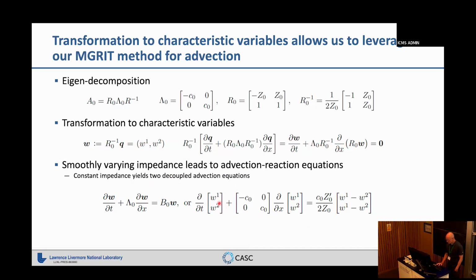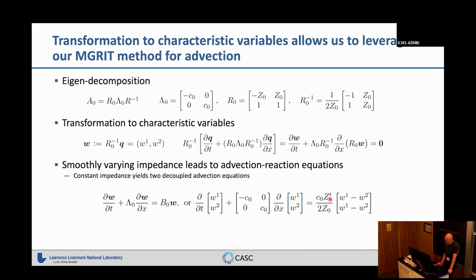And the thing to note is on the left, you've basically got two decoupled advection equations, with a negative sound speed on the top and a positive one on the bottom. And the only thing that couples them together is this right-hand side here.